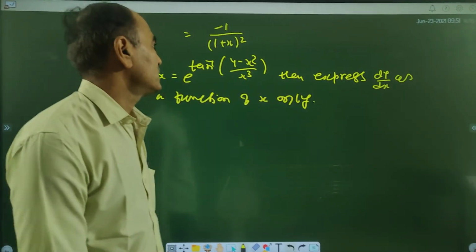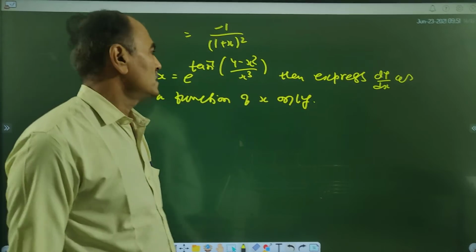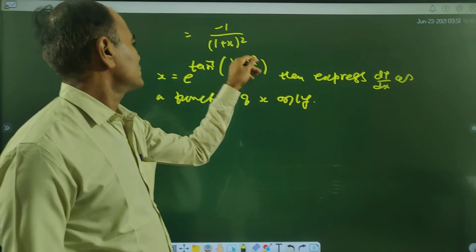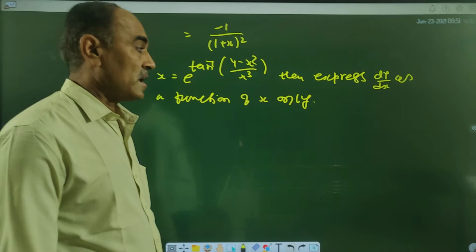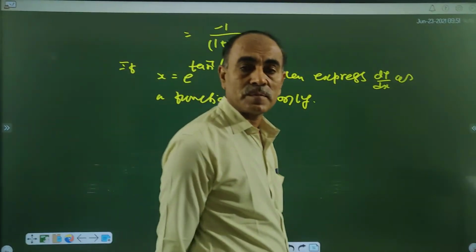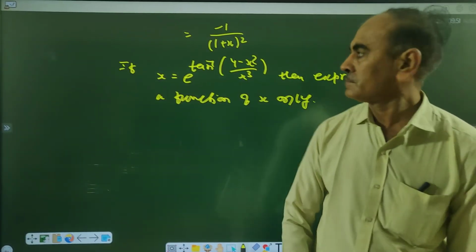So many times this was asked, perhaps more than 2 or 3 times. They are changing some relations here, but they want dy by dx in terms of x.